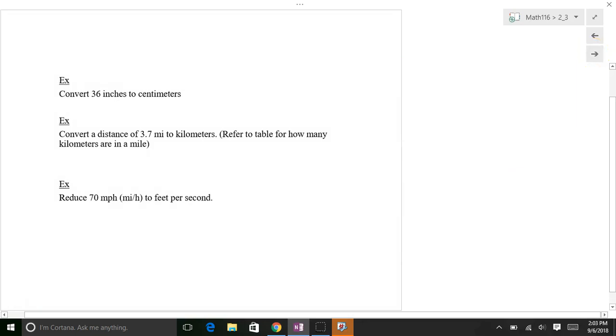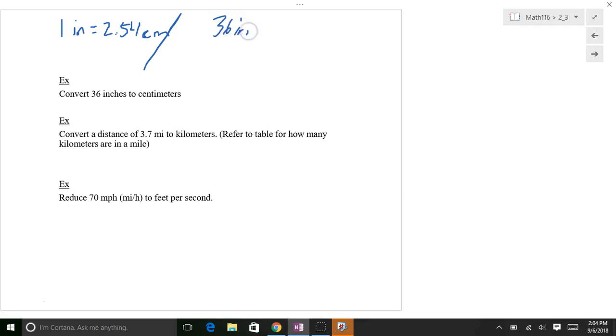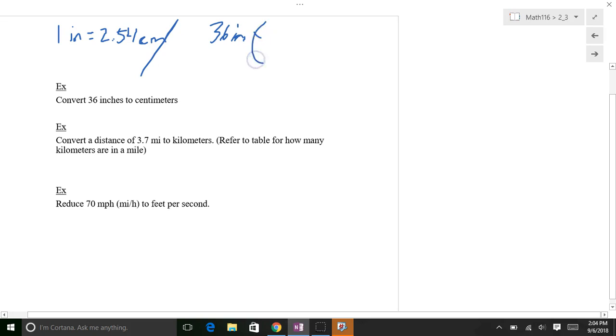Alright, how about 36 inches to centimeters? To even be able to do that, we need to know that for every inch it's 2.54 centimeters. So let's take our 36 inches and multiply by 2.54 centimeters for every inch.